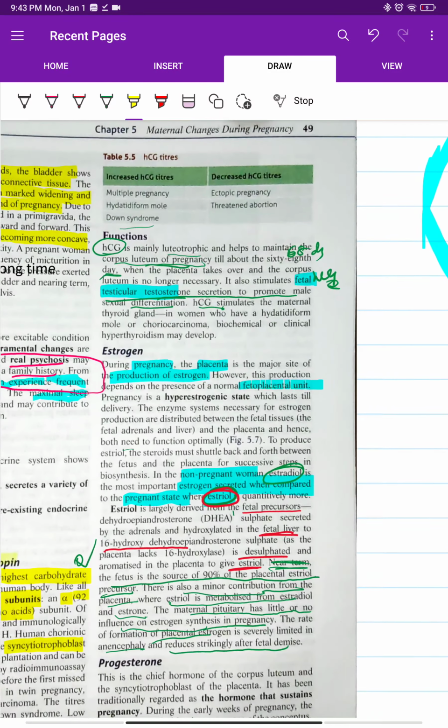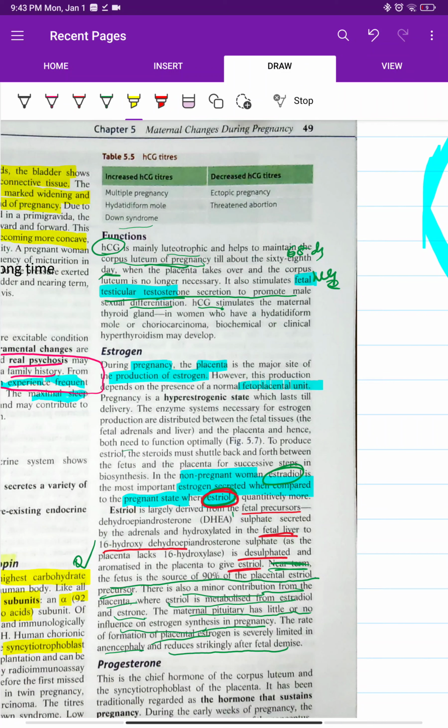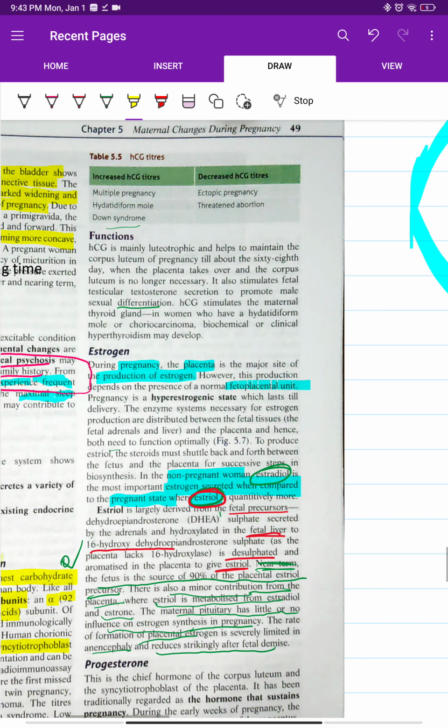And if you see HCG, its main function is to maintain the corpus luteum of pregnancy till about 6 to 8 weeks, because till then the corpus luteum is predominantly producing progesterone.